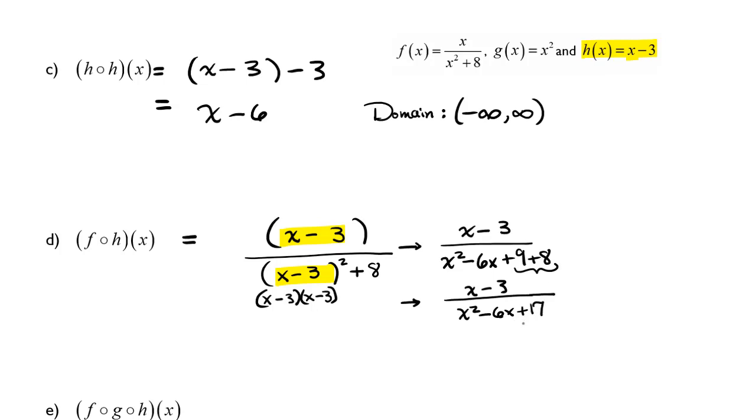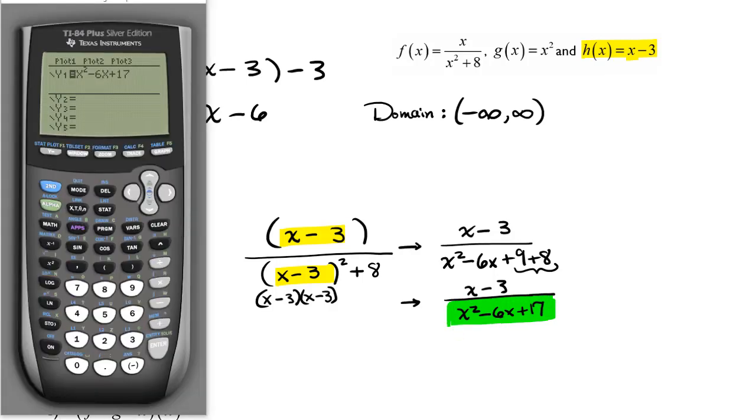We should probably graph this denominator and just double check that it never has a value equal to 0 for any value of x. As you can see, I've entered the denominator, x squared minus 6x plus 17, into my calculator in y sub 1, or y equals. Now I hit the graph button.